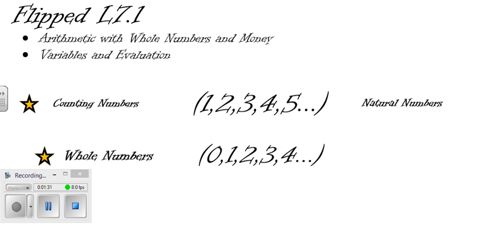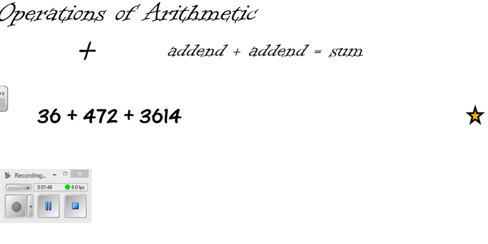As we think about this, we get terms like consecutive coming up, and moving on, we can then see how counting numbers and whole numbers are now used for different types of arithmetic. So we start with the operations of arithmetic, and the first operation, of course, is addition.